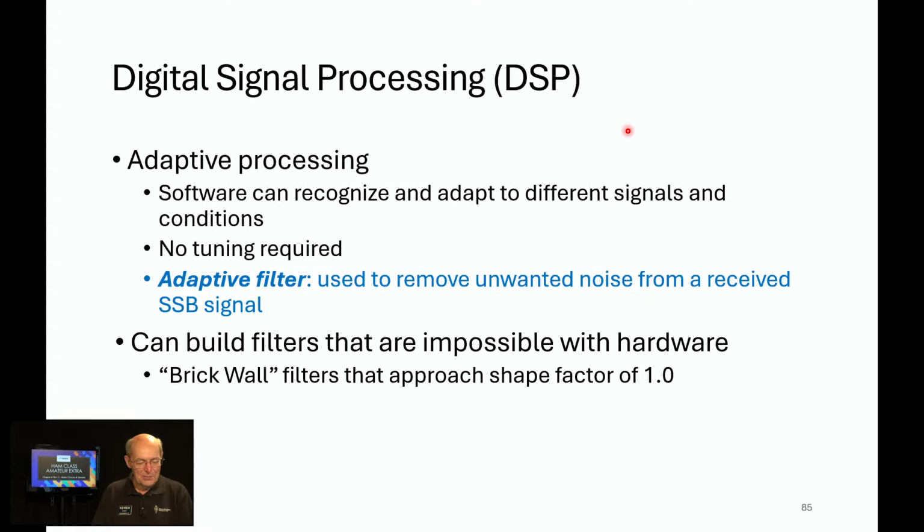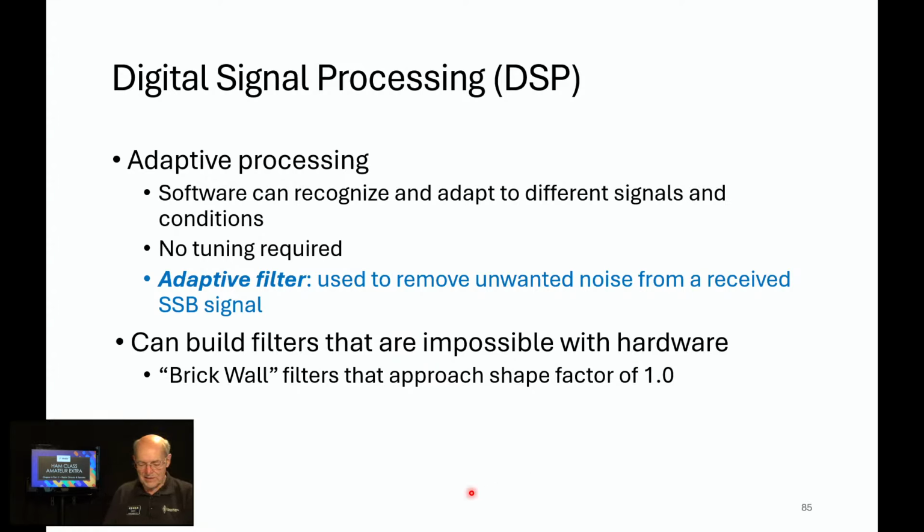All right, there's a couple of other factoids here. More on digital signal processing. Adaptive processing, that's where you can distinguish voice content from noise content. Software can recognize and adapt to the signals and conditions. They're automatic, they don't require any tuning. An adaptive filter is used to remove unwanted noise from a received sideband signal.